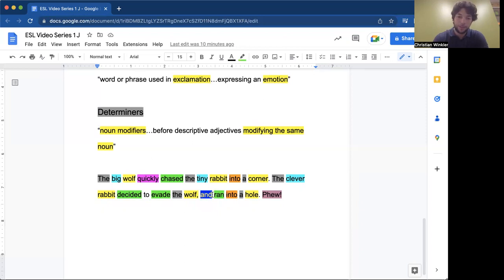So and just provides some additional information about the clause before it. Technically, the clever rabbit decided to evade the wolf could be a standalone sentence in and of itself. And then this is just adding some additional information to that sentence, right?